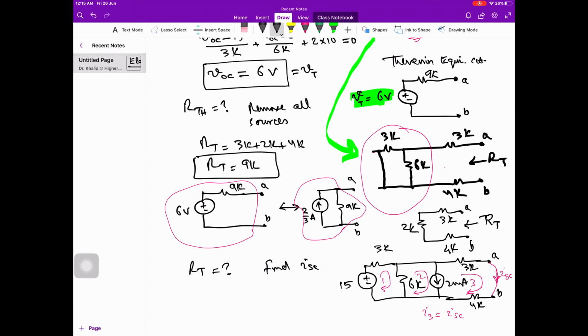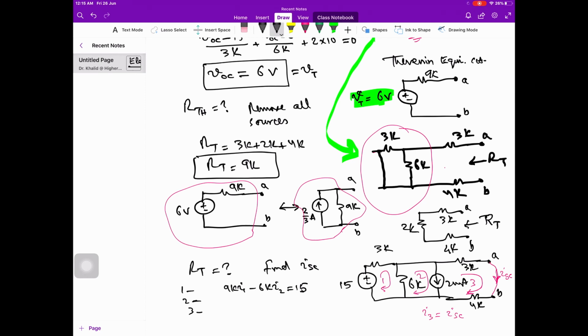Now, if I write loop equations for loop 1, loop 2, loop 3, mesh 1, mesh 2, mesh 3. For mesh 1, the equation will be 9K I1 minus 6K I2 is equal to the voltage rise. For mesh 2, can I write the equation for mesh 2? No, I can't.